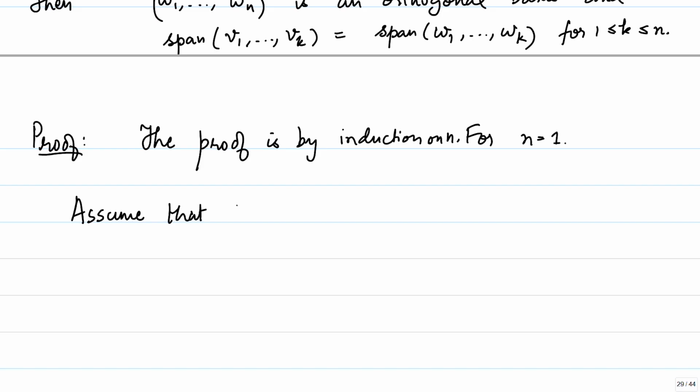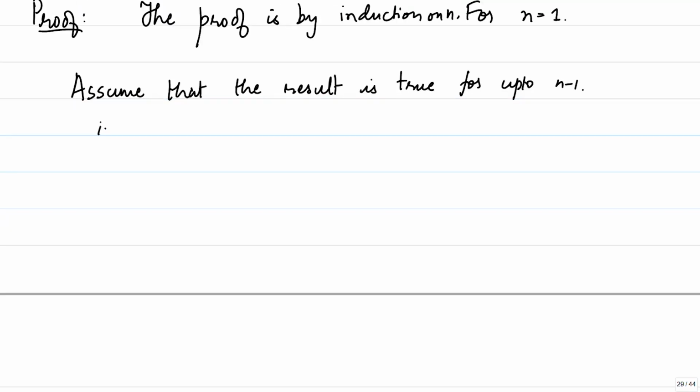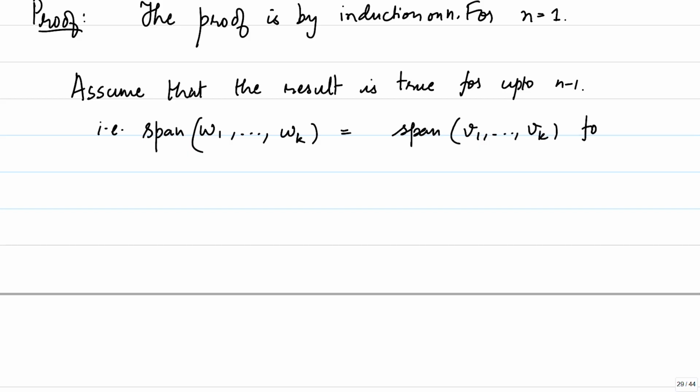So assume that the result is true for up to n minus 1. That means W1 to Wn minus 1, in fact the span of W1 to Wk is equal to the span of V1 to Vk for 1 less than or equal to k less than or equal to n minus 1.